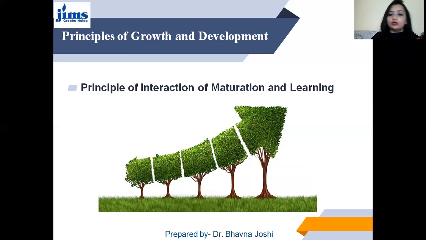And learning denotes the changes in behavior due to the training or experience we are giving to the child. So learning has a great influence on growth and development, and maturation provides the base for learning. So we can say that it is a general pattern of individual behavior that growth and development is the interaction of maturation as well as learning.